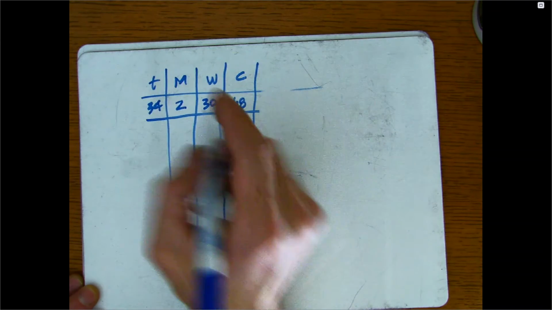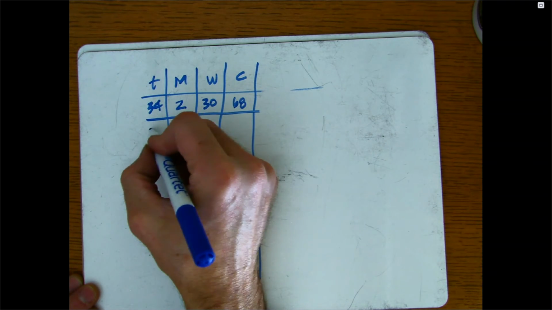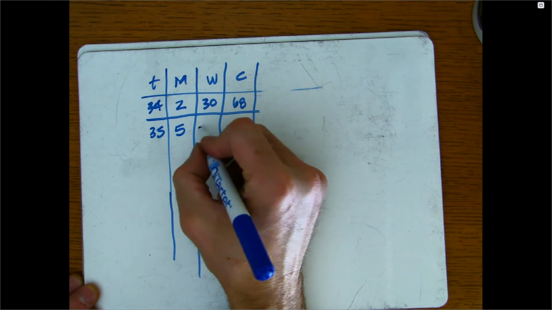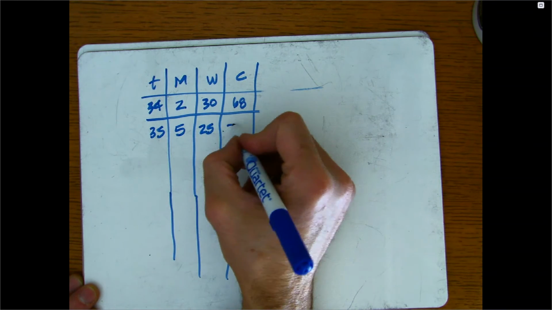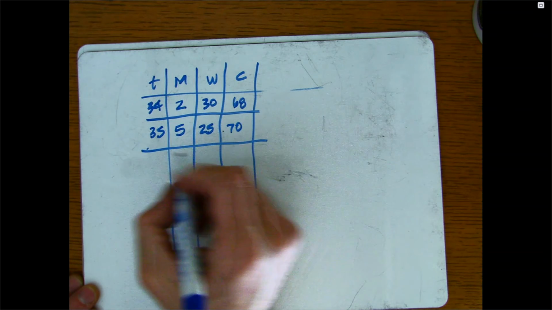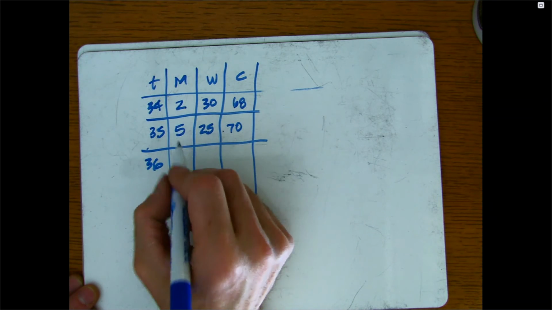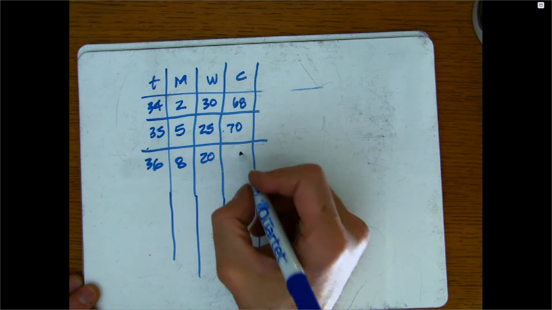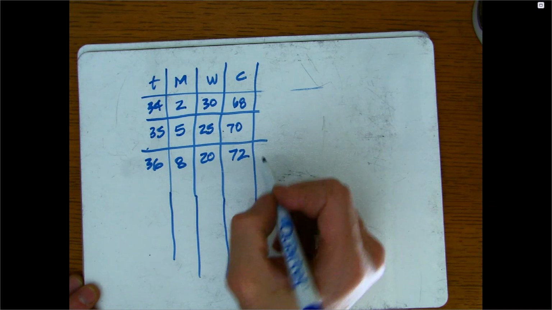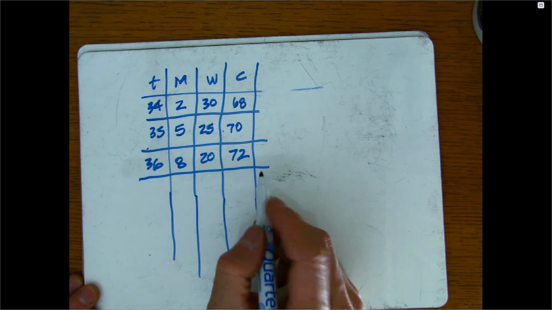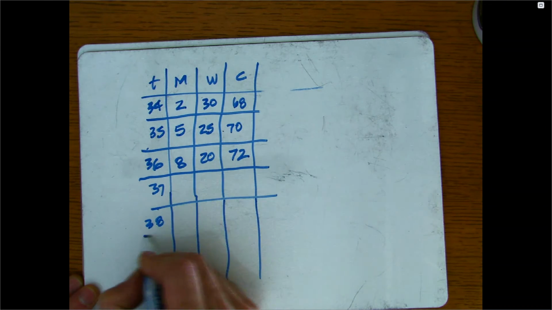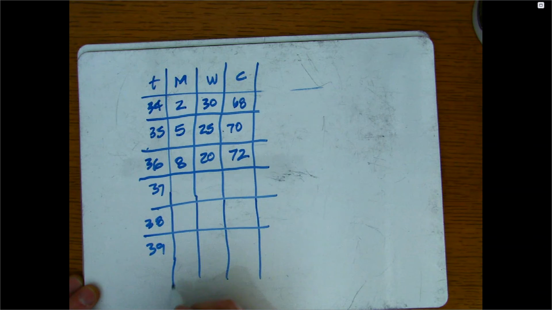Let's try the next one. If t is 35, then what happens here? We get 5, we get 25, and we get 70 kids. If t is 36, then here we get 8, and here we get 20, and here we get 72. So you can see some arithmetic sequences going on here. 37, 38, 39, 40.